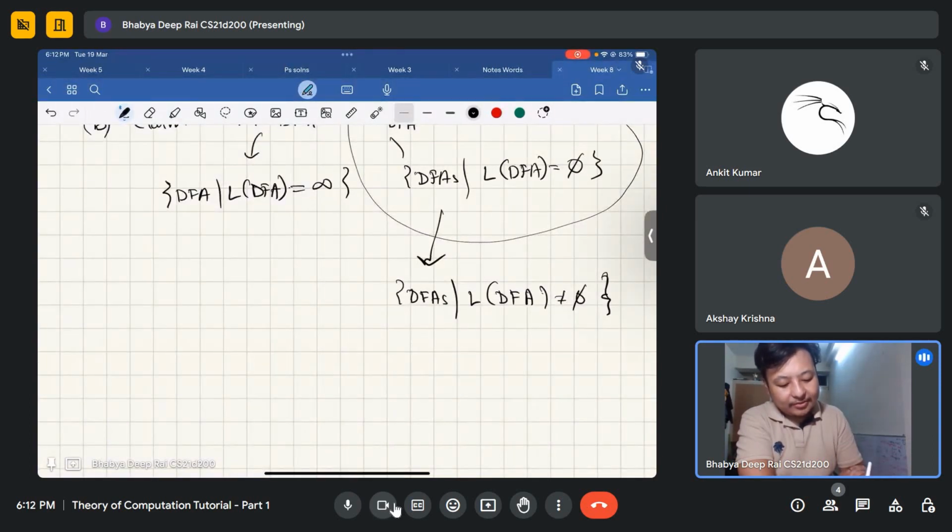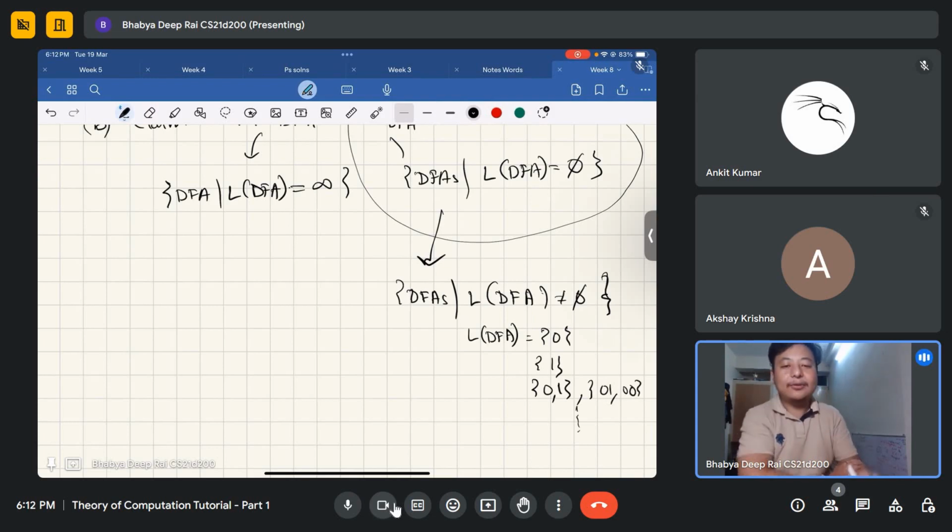So what does it mean? It is non-empty. The language of the DFA could be 0, or it could be 1, or 0 as well as 1, or 0 1 0 0, anything, but it cannot be empty.